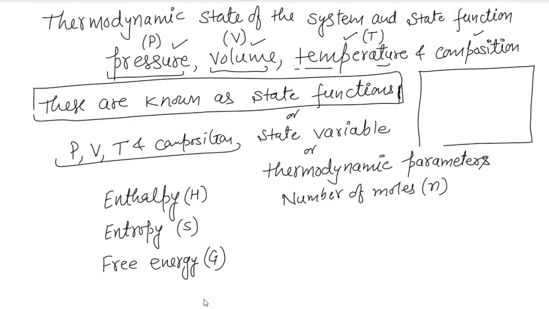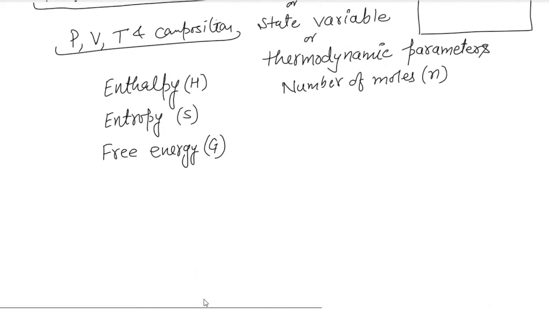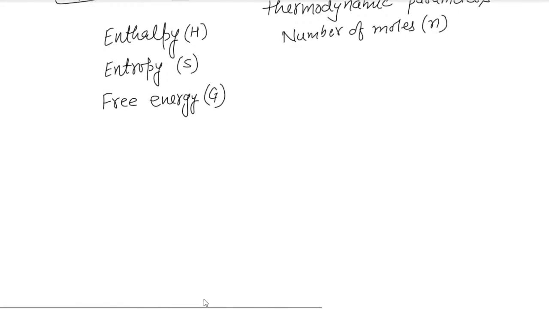From PV equal to nRT, we can identify P, V, n and T. If these four variables change, the state of the system will change. So state function and state variables or thermodynamic parameters you came to know.